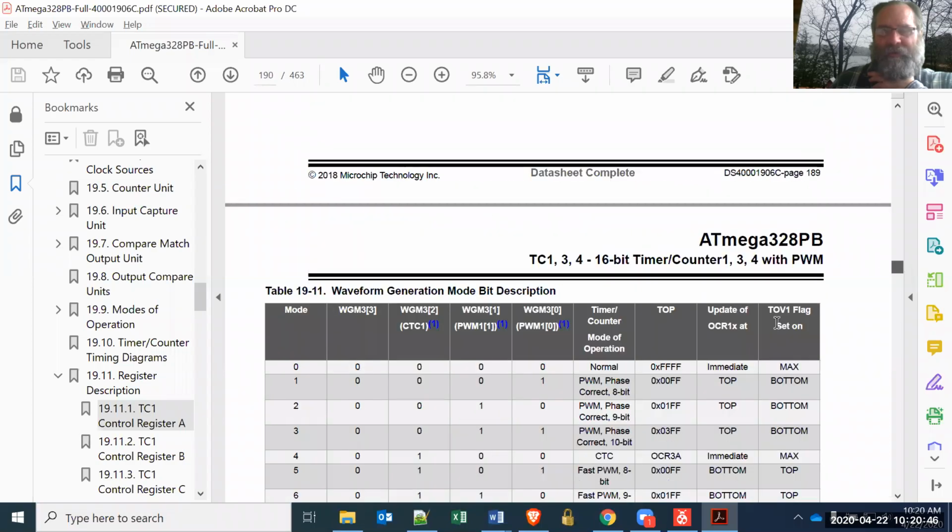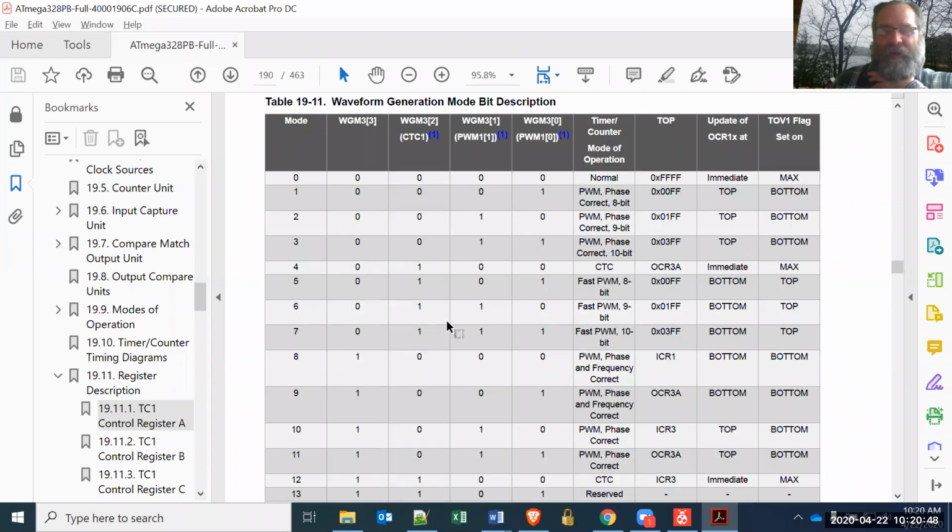Without answering that question directly, I will tell you it's mode 5. So the whole wave generation mode is 0, 1, 0, 1. 2 bits go in register B, and these 2 bits go into register A. 4 bits together, but they split it up into 2 different registers.